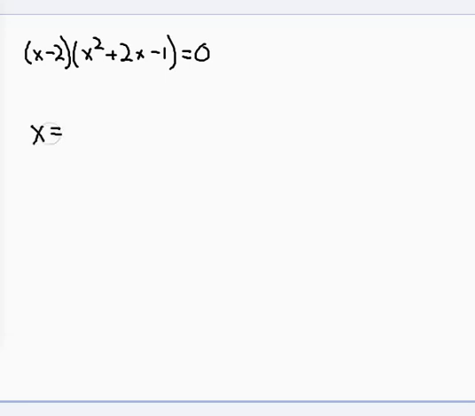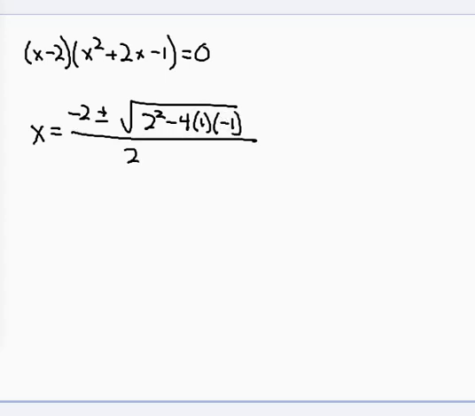So x equals, here's our b, so negative 2 plus or minus the square root of b squared, so 2 squared minus 4 times a times c, all over 2a, so 2 times 1. Simplifying this gives us negative 2 plus or minus, well, what we have here is 4 plus 4, which is 8, over 2.